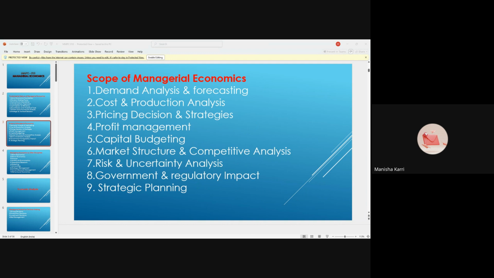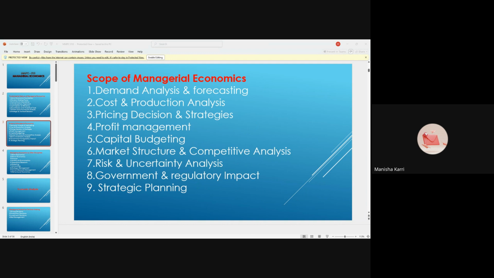This is all about profit management, maintaining profit efficiently.